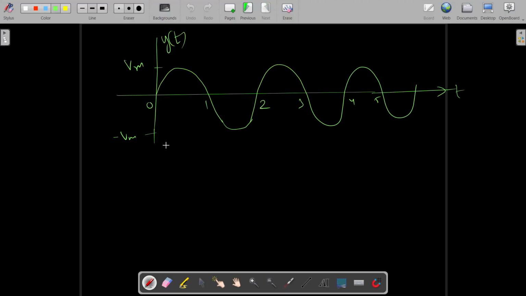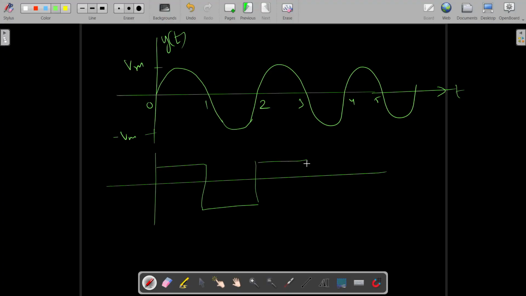So what is the relation? If you take this signal and multiply it with 1 and minus 1, so 1 for the positive amplitude and minus 1 for the negative amplitude, a simple operation, then what I'm saying is just multiply these two signals.